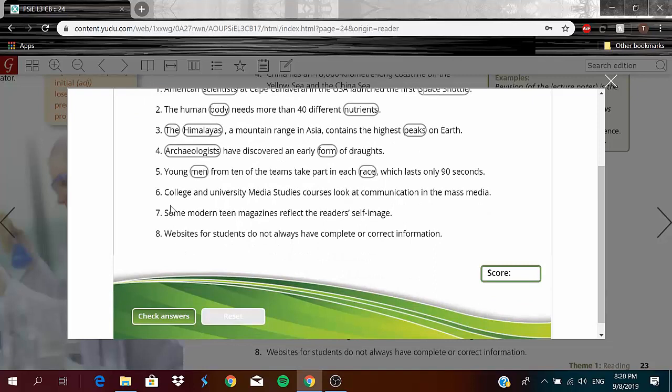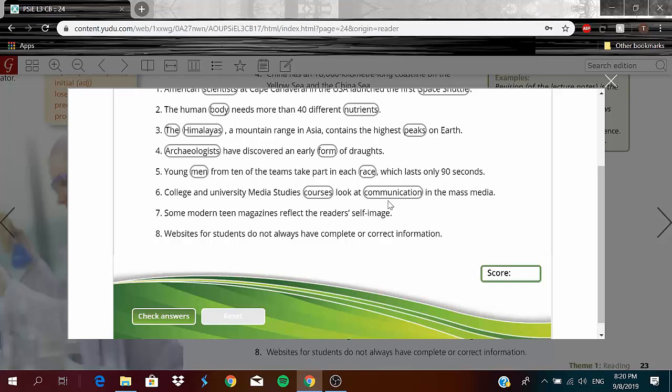College and university media studies courses look at communication in the mass media. We can say courses, right? That's the subject. Courses look at communication. That's the object. So communication in the mass media.